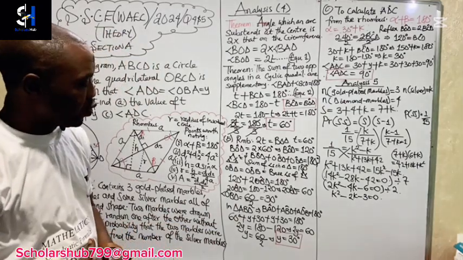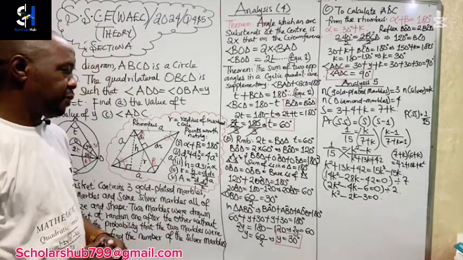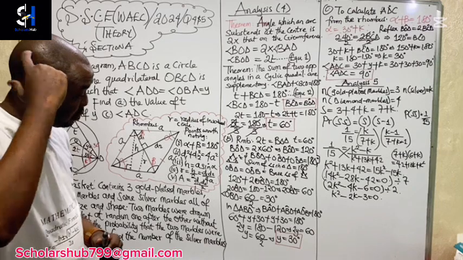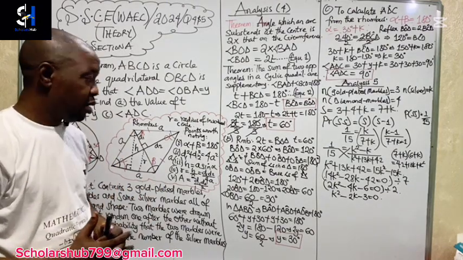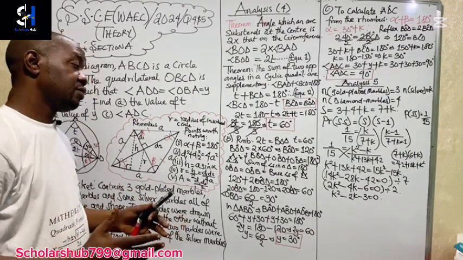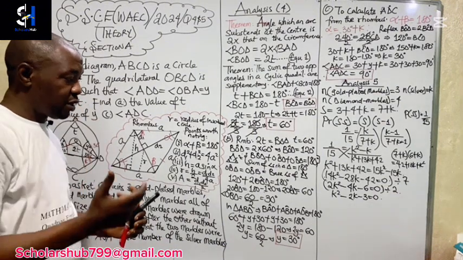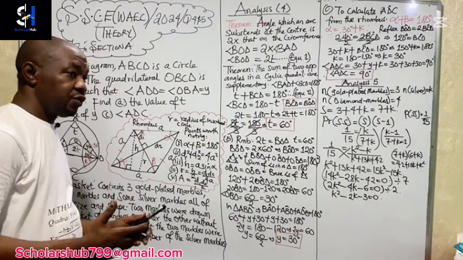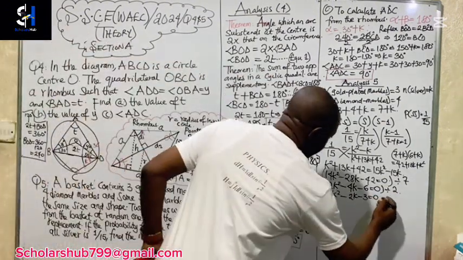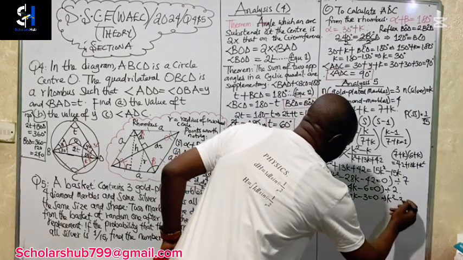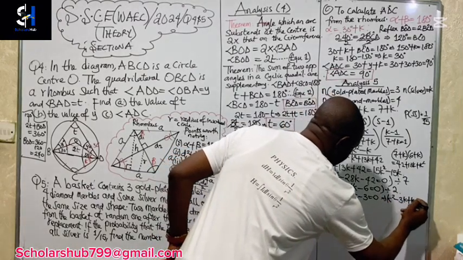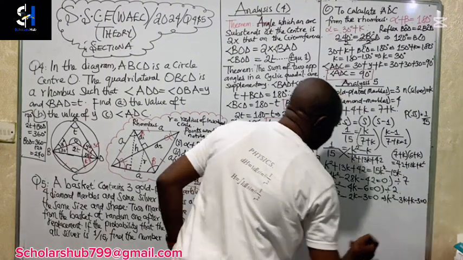We have 1k squared minus 2k minus 3. When we multiply the coefficient of k squared by negative 3, that will be negative 3. So the factors will now be minus 3 and plus 1. So we have k squared minus 3k plus k minus 3 equals to 0.